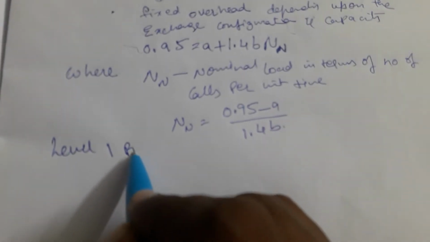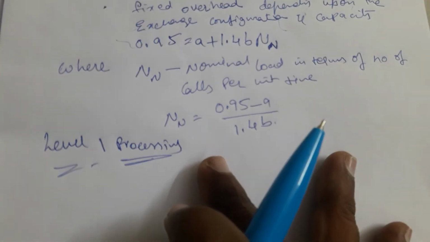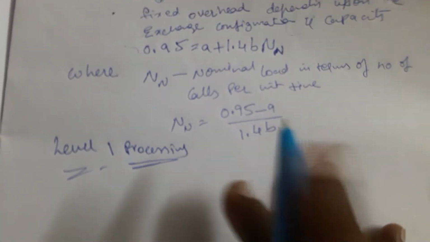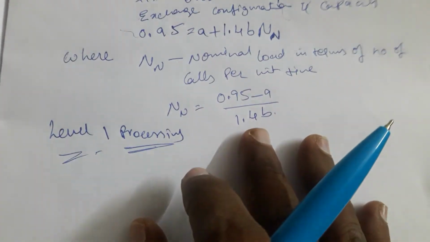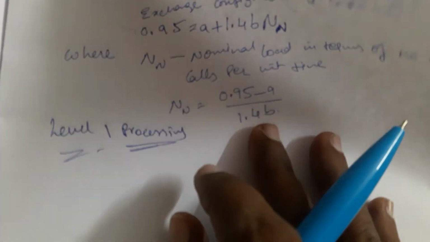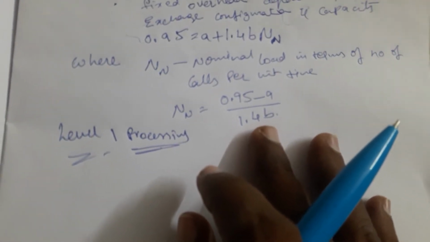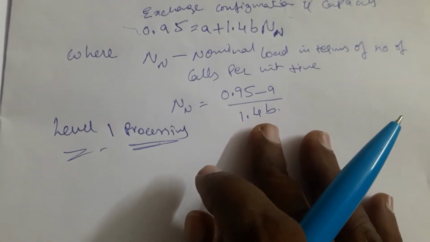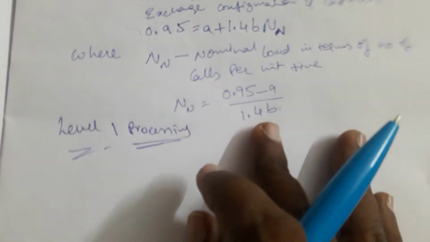And then coming to the level 1 processing. This level handles operations and maintenance functions which involve 9 steps. What are the steps? First one is add, delete or modify information in translation table. Second one is subscriber class of service can be changed. Third one is put a new line into operation.